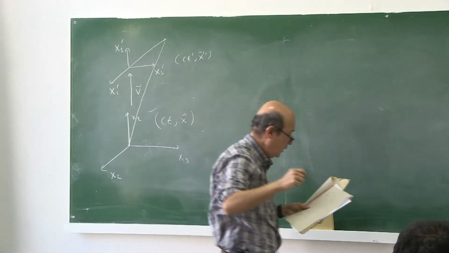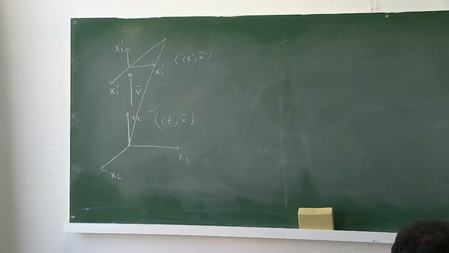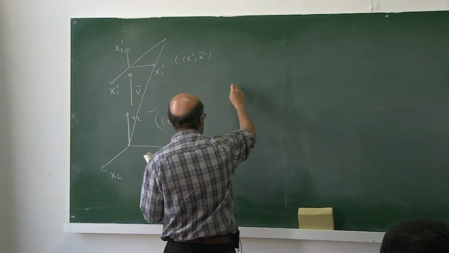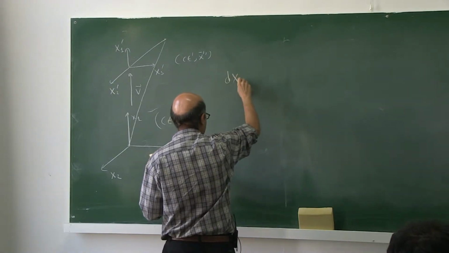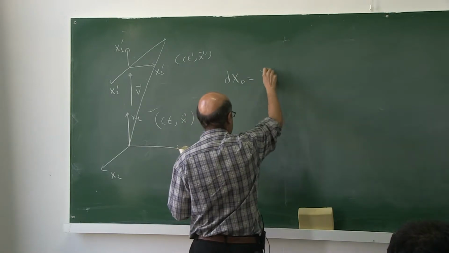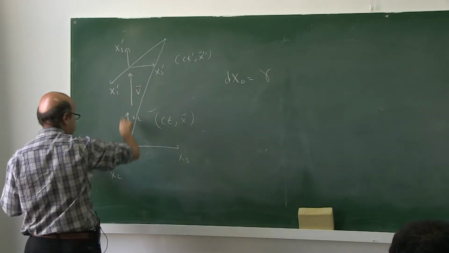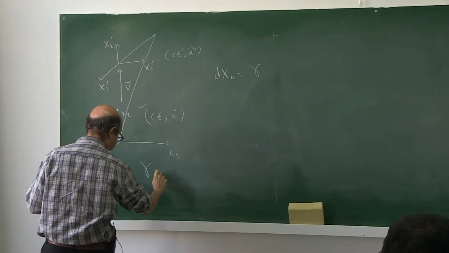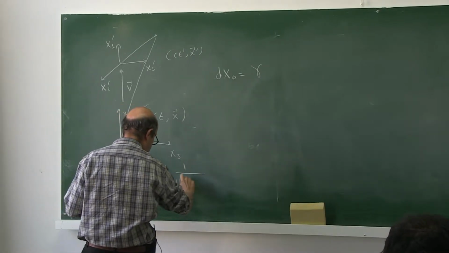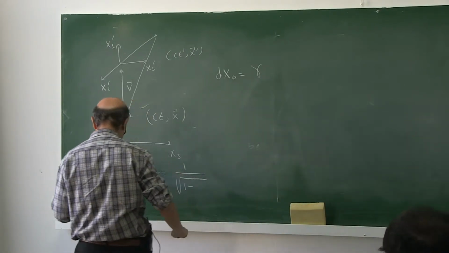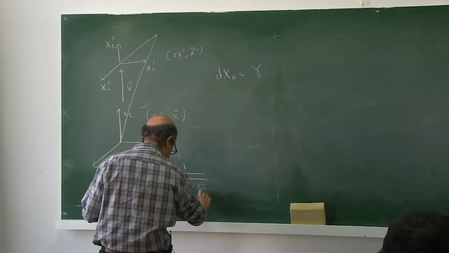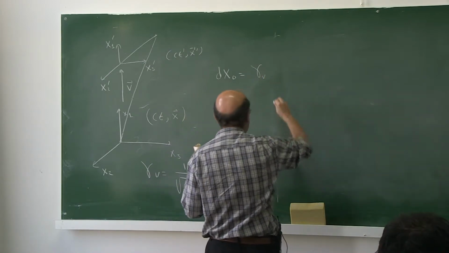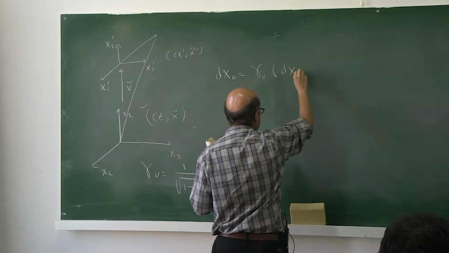So we can write the Lorentz transformations in differential form: dx0 is equal to gamma, the Lorentz factor between the two frames, where gamma v is 1 over the square root of 1 minus v squared over c squared, or beta squared, times dx0 prime plus beta dx1 prime.